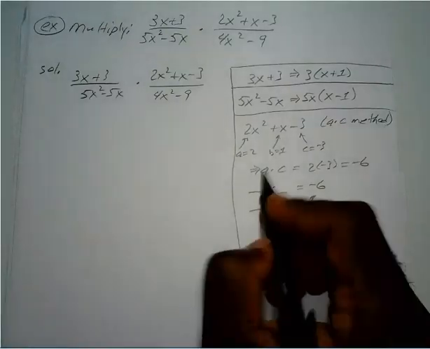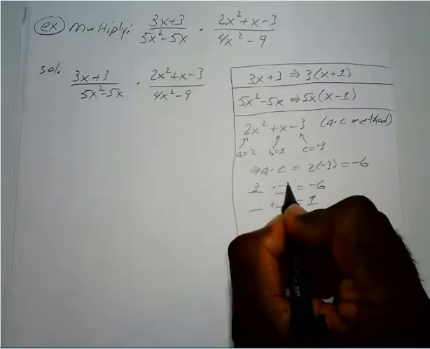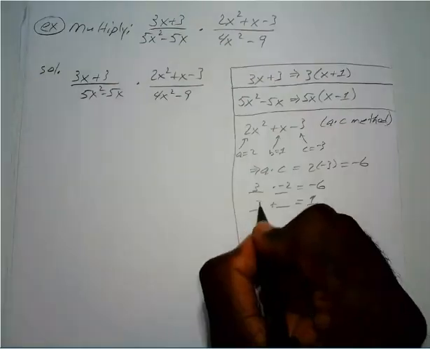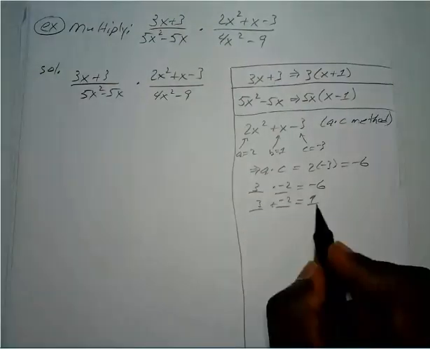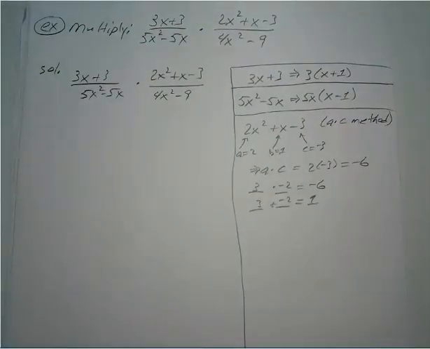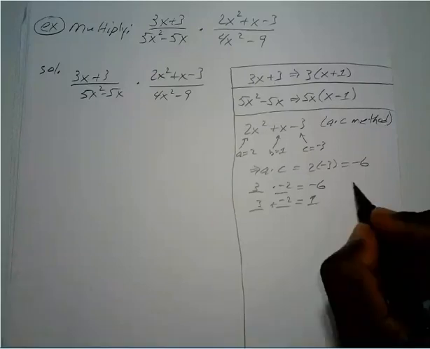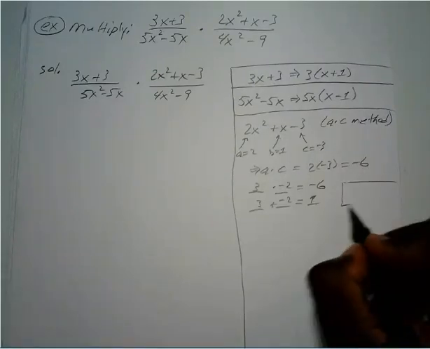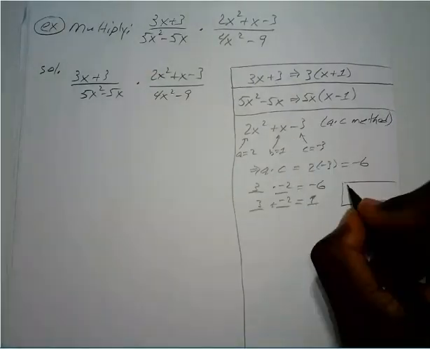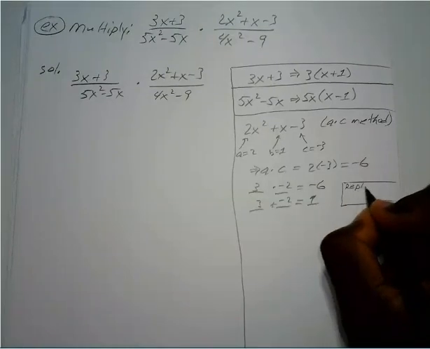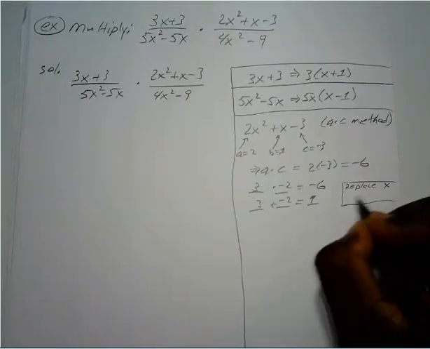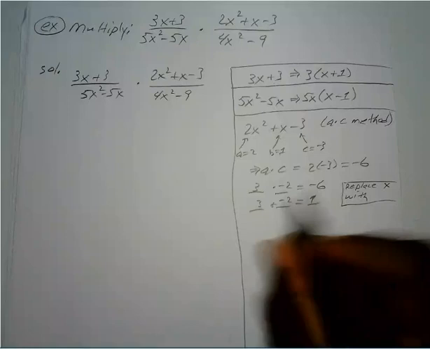So 3 times negative 2 is negative 6, and 3 plus negative 2 is positive 1. Okay, so that means we have to replace our middle term. So we replace x with 3x minus 2x.